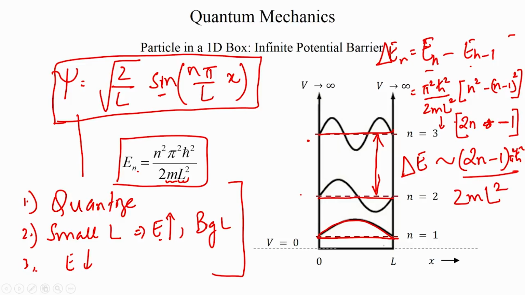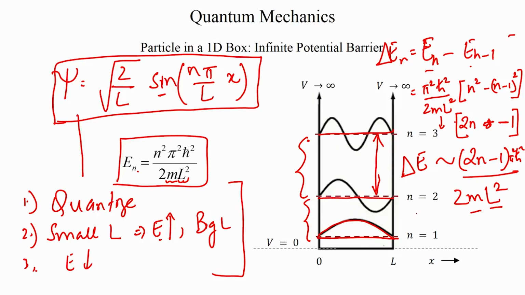So the first thing to notice is as n increases, the gaps between two subsequent energy levels also increase. So here you have a smaller gap, and there you have a larger gap, and as n keeps increasing, this gap will keep increasing. Now the second thing to note is that as L or m increase, the gaps will reduce.